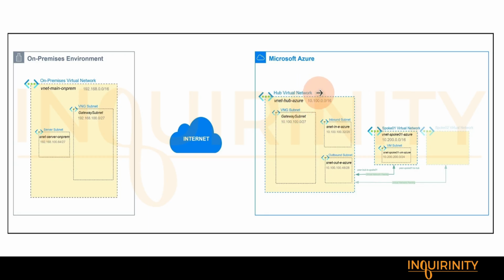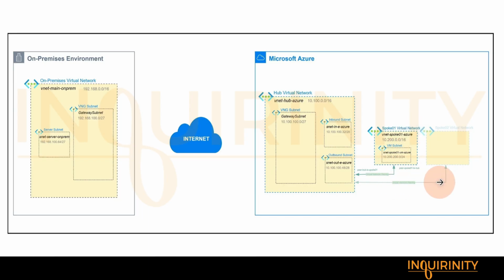So we have the Hub Virtual Network and Spoke Virtual Network and the on-premises virtual network. Now what's left for the part number 2 of this video tutorial series is to create what we call virtual network peering. So if you could see here, the Hub Virtual Network is being peered to the Spoke 01 virtual network.